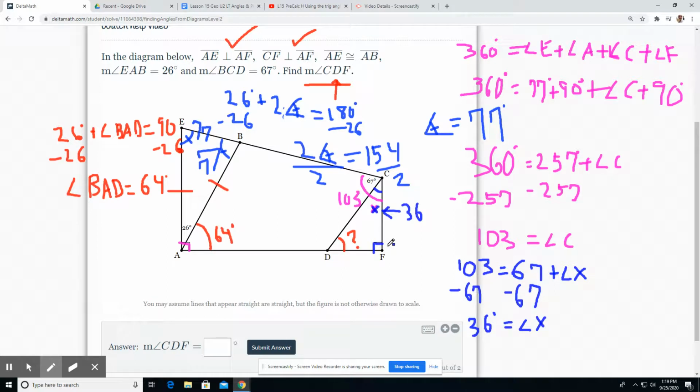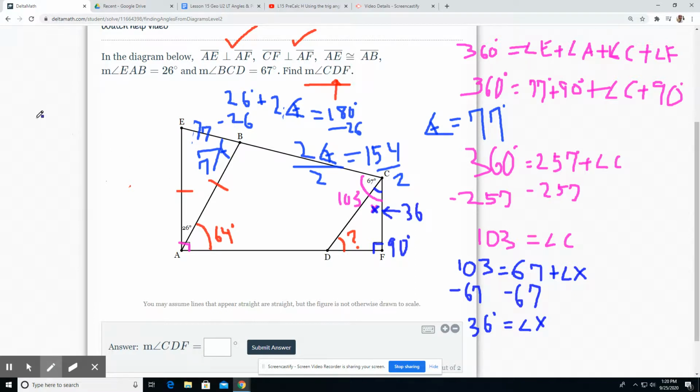And we know that angle F is 90. And all the angles of a triangle have to total 180. I need to be careful about what I erase here. Don't want to get any of my good stuff.